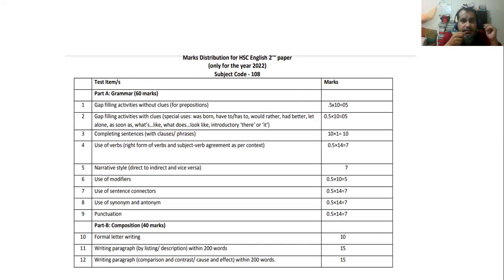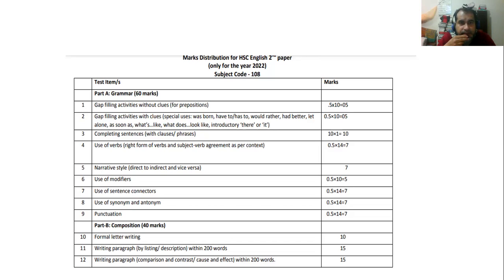So here you see the marks distribution, which is especially for the HSC candidates of 2022. Here you see there are two parts.